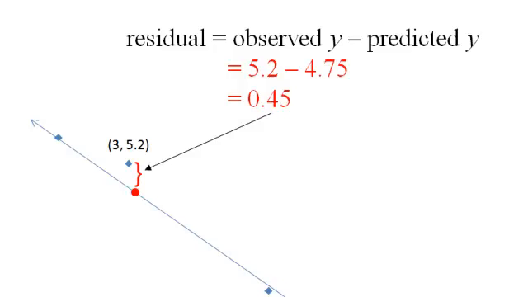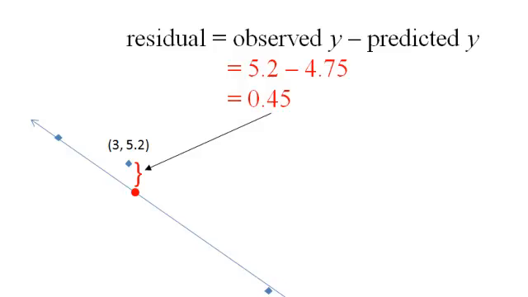So the interpretation here is that when we try to use our straight line model to predict the value of y when x equals 3, our model missed the actual observed value of y by 0.45. Now that's okay, because a straight line model is obviously not going to hit all the observed points in our data, since they don't all fall in a straight line.